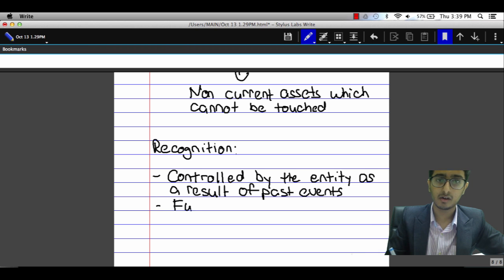And future economic benefits should be expected to flow to the entity.